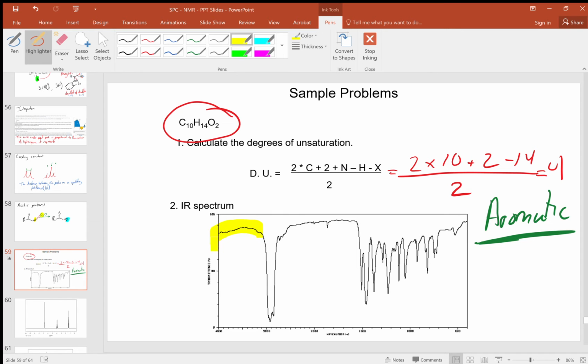So first I look out here above 3,000. And what's there? Well, nothing. So I can be reasonably certain we don't have any alcohols. I'm also going to look in this region, 1700. Again, there's nothing there. So I can say with a pretty high degree of certainty, no carbonyls either.